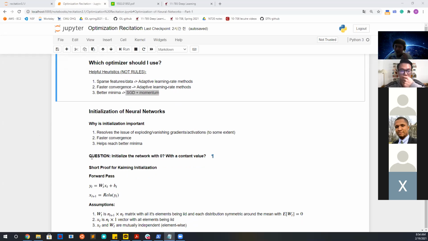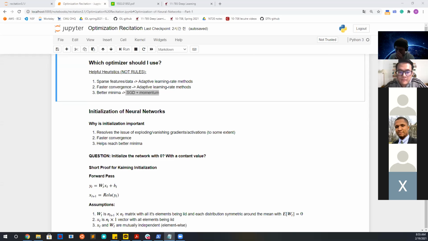I think I didn't give you enough time to think about it, but you're totally right. It learns all parameters in the same way. So if you start with all the same constant values, all the weights are going to move in the same direction, and you wouldn't end up learning anything.